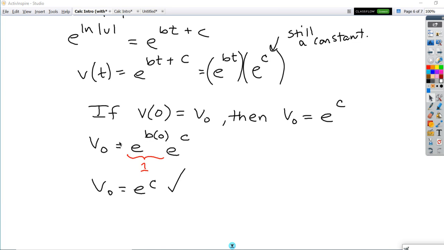Yes, it does. We plug in, set this equal to v0. When t is 0, e to the b times 0 is e to the 0, which is just 1. And so all you're left with is e to the c. And so since that is true, we know that our integrals do match under those conditions.